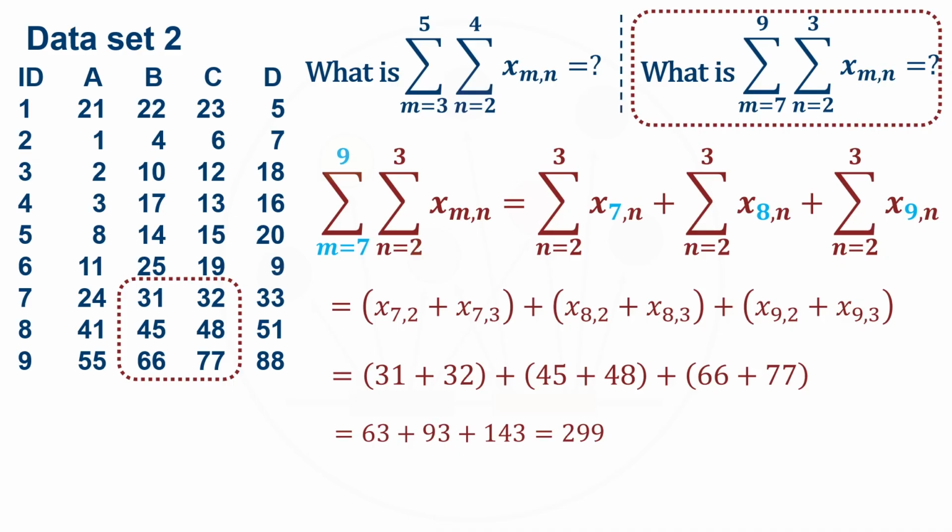So we would get x_7,2 plus x_7,3 for this first summation, x_8,2 plus x_8,3 for the second summation, plus x_9,2 plus x_9,3 for the third summation.